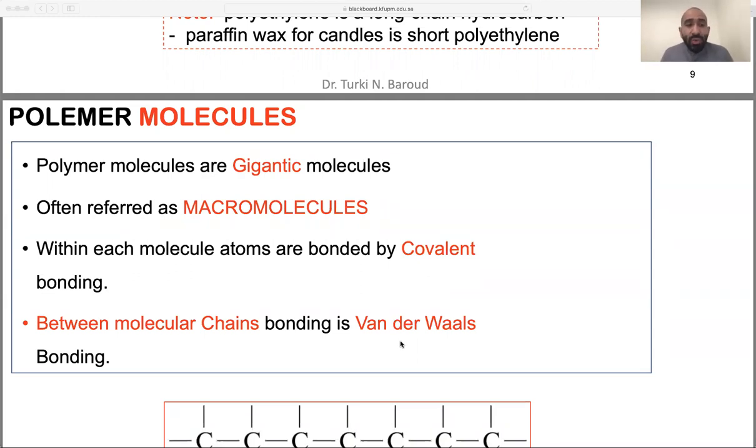Each one is gigantic because it might be composed of many atoms that are connected to each other, right? So that makes it a macromolecule.